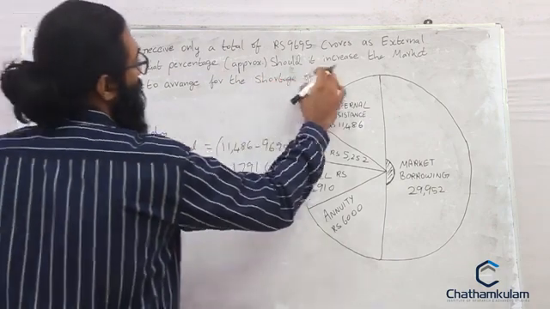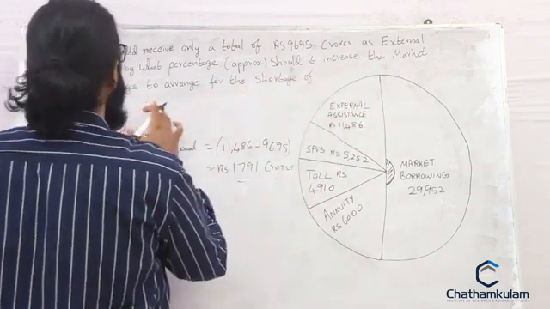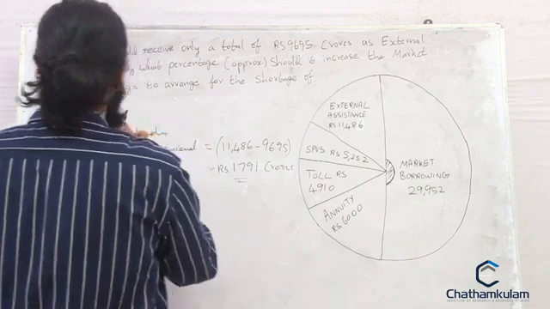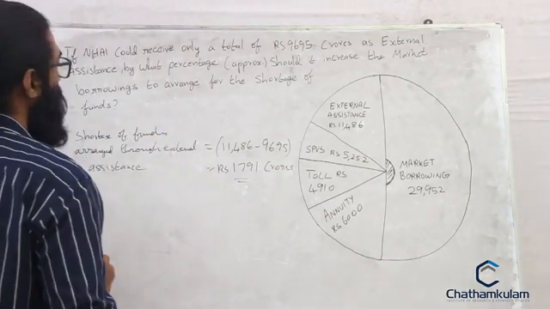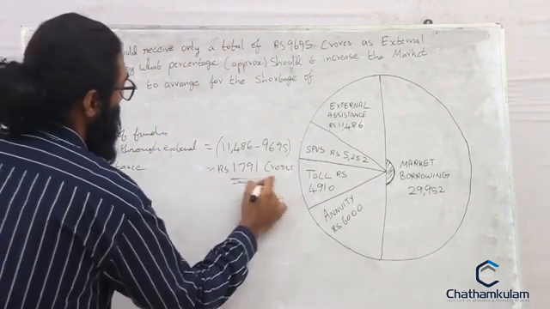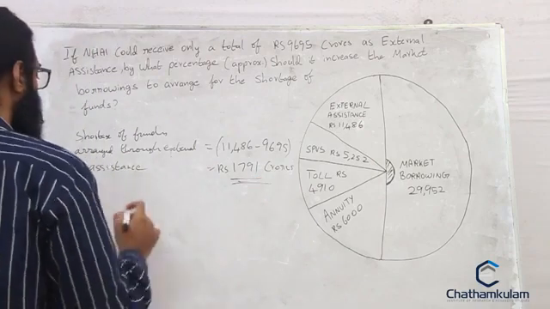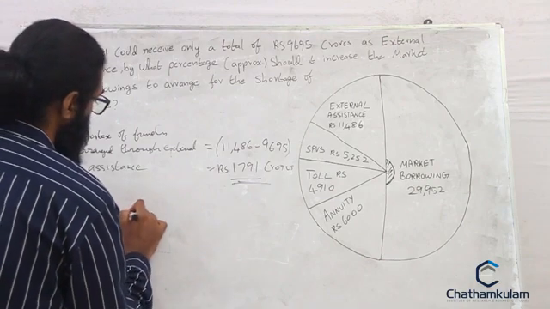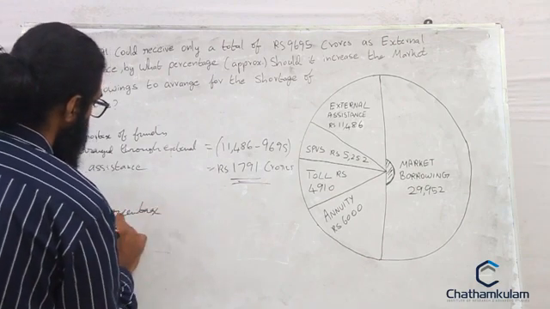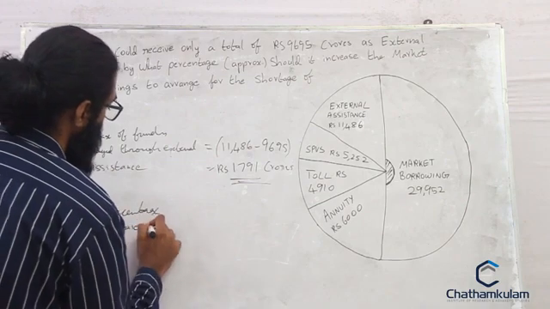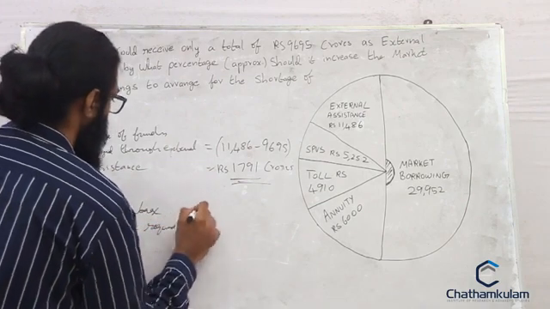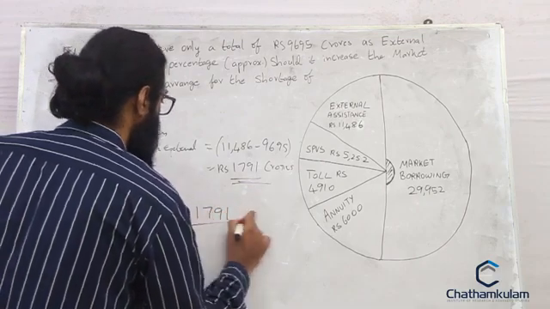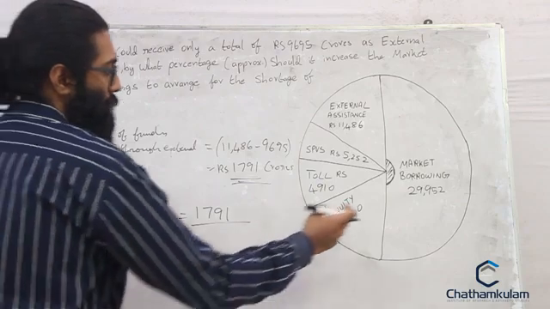What do you have to calculate? The percentage, right? Should it increase the market borrowings to arrange for the shortage of funds? So this is the amount which should be arranged, and so to find the percentage increase required, that is equals 1791 divided by, what is the market borrowing here?